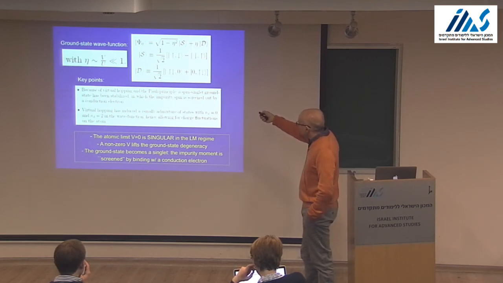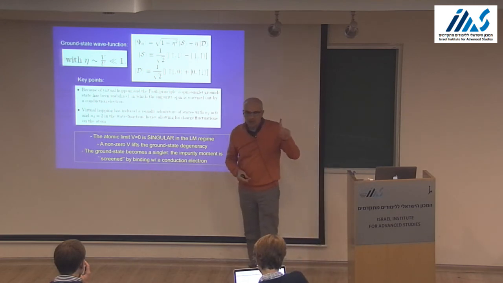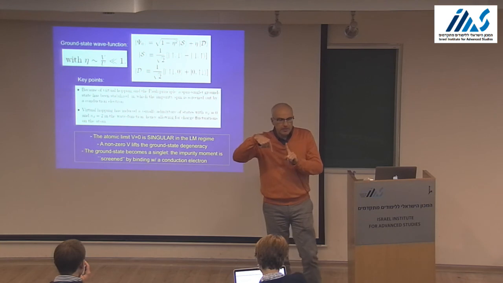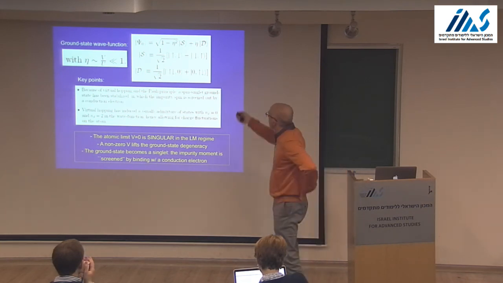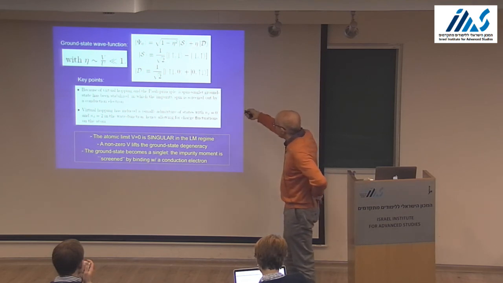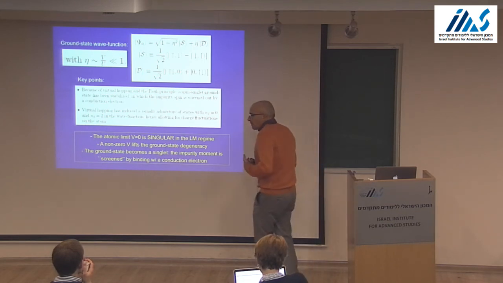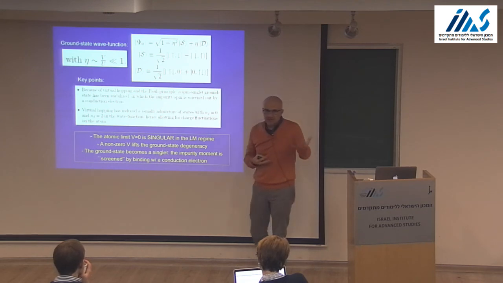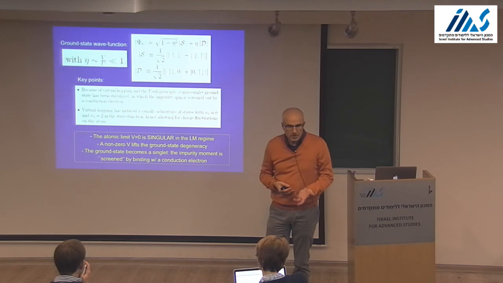It's basically a large amplitude on the singlet, which is made out of putting one electron on the dot and one electron with antiparallel spin in the reservoir, plus a small component of order eta, which is of order V over U, which introduces in the ground state wave function a component which has charge 0 on the dot and charge 2 on the dot. Okay?